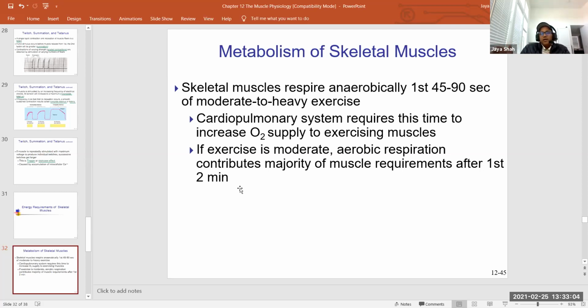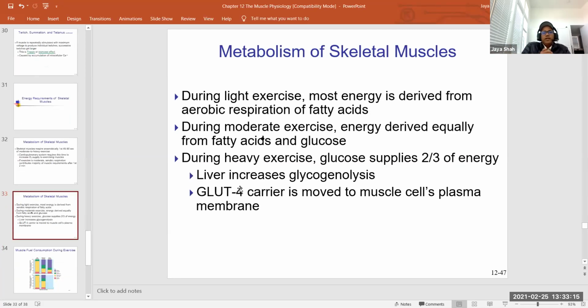Are you following me? If you do heavy exercise, running fast, you're going to take most of the energy from glucose. During light exercise, most energy is derived from aerobic respiration of fatty acid. During moderate exercise, energy is derived equally from fatty acid and glucose. But during heavy exercise, glucose supplies two-thirds of energy.